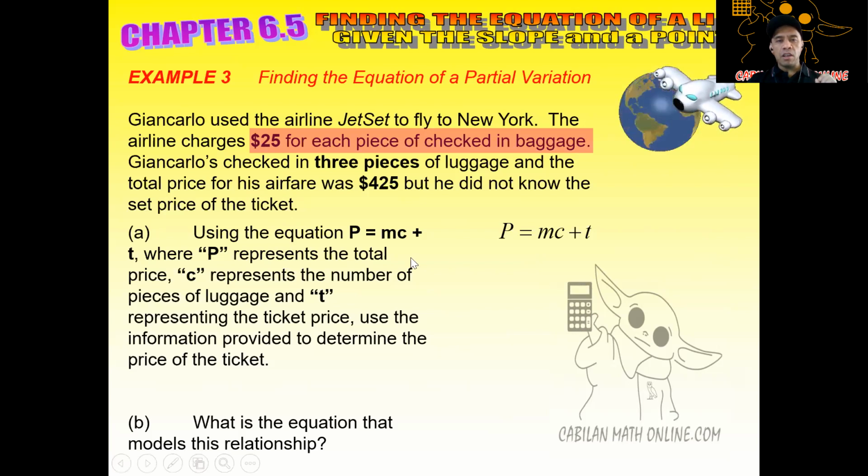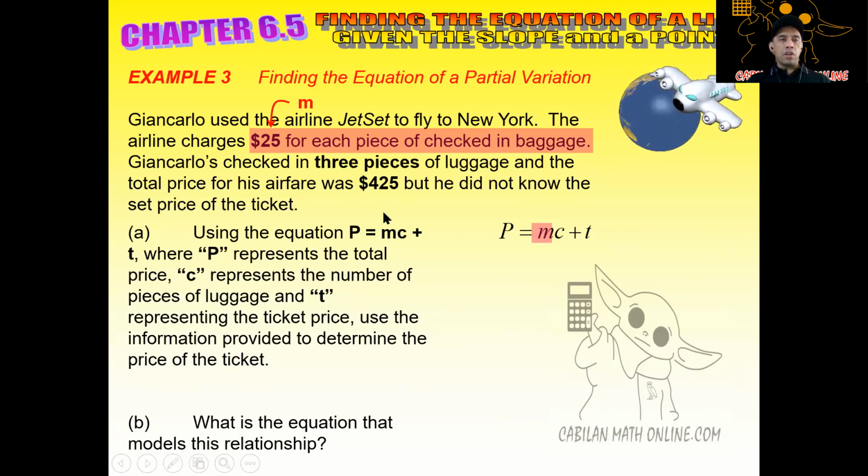We know C represents the number of pieces of luggage, so this 25 is the cost for each amount of C. This 25 is going to replace the letter M. Let's highlight that. Another way to look at this is 25 times C, because C was the number of pieces of luggage, at $25 per piece.